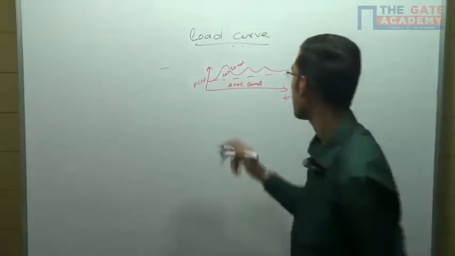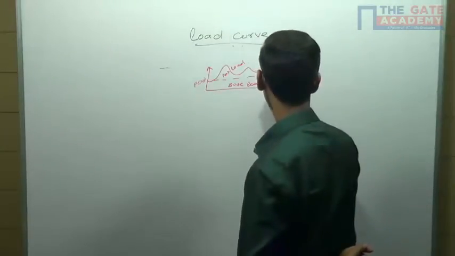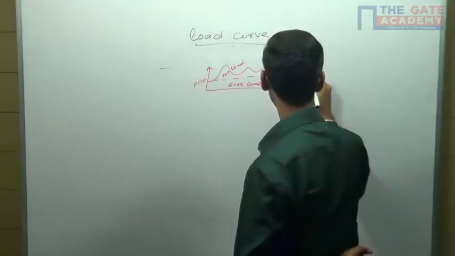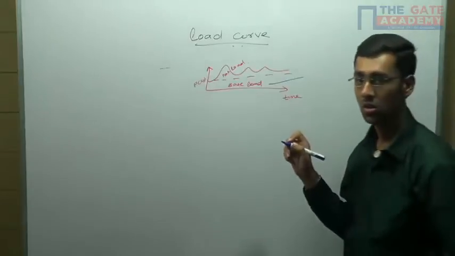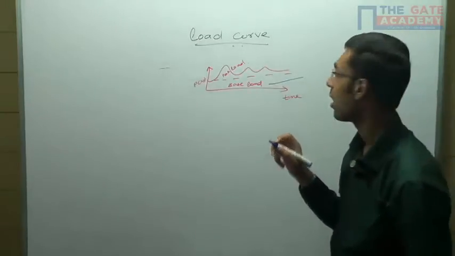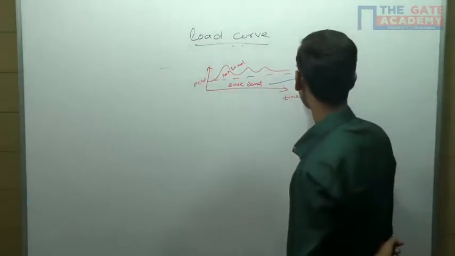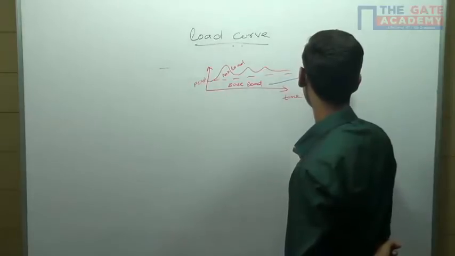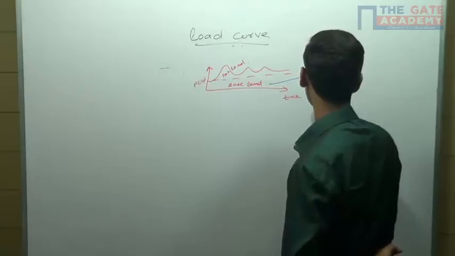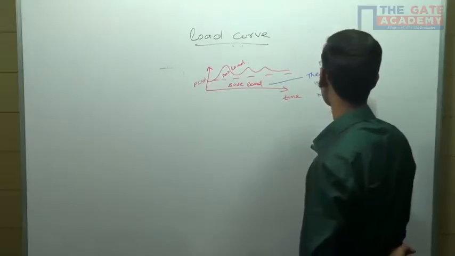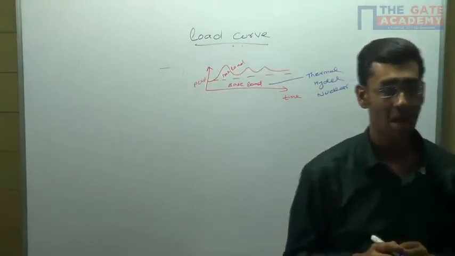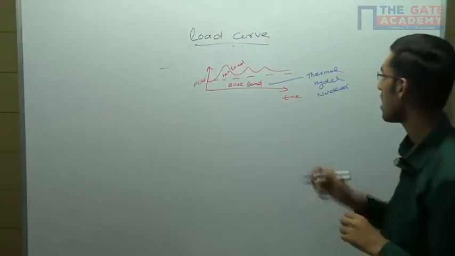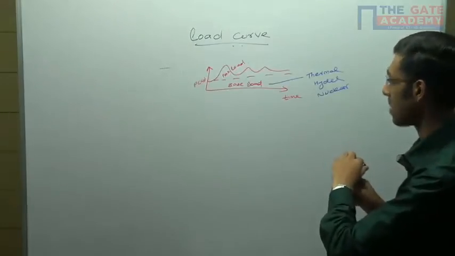Generally for base load, the non-renewable or conventional sources of energy are used: thermal, hydel, nuclear. These are the three different types of plants which can be utilized for meeting the base load demands.